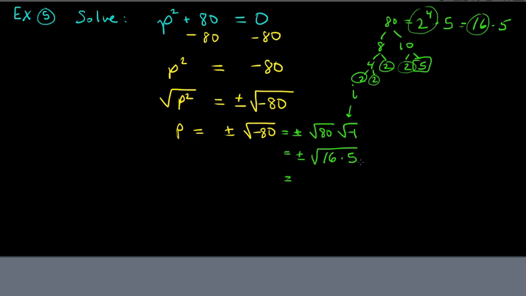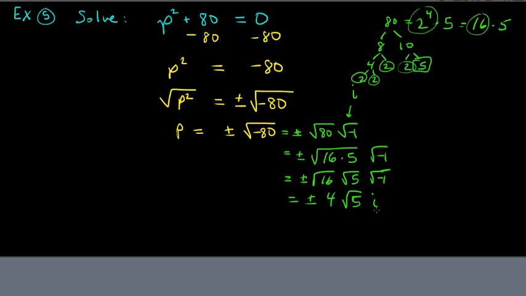So this is going to be, oops, forgot the square root of negative 1, so plus or minus the square root of 16 times the square root of 5 times the square root of negative 1. And so when you simplify all that, you get plus or minus 4 times the square root of 5, and then times i.